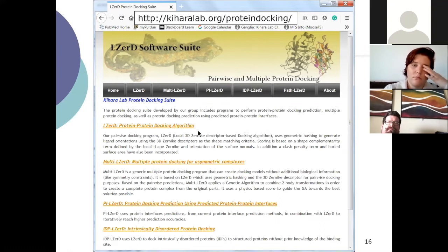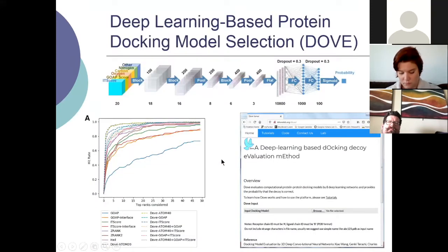I'll just briefly show you some other methods, like Multi-LZerD and so on, in case you have an application for that. This is our recent work on deep learning based model selection.